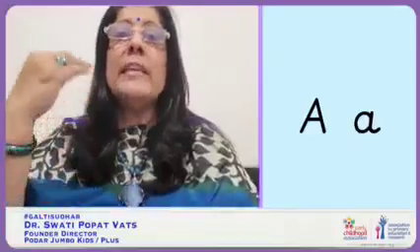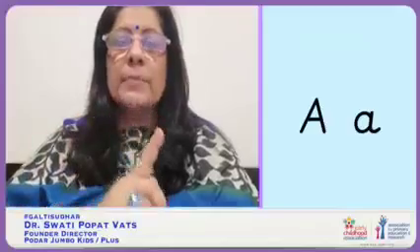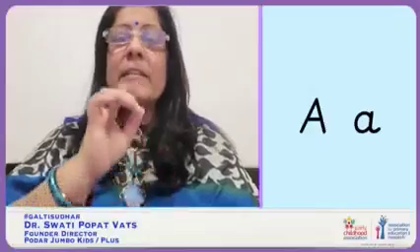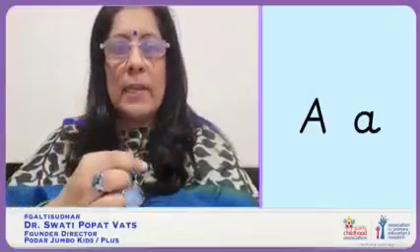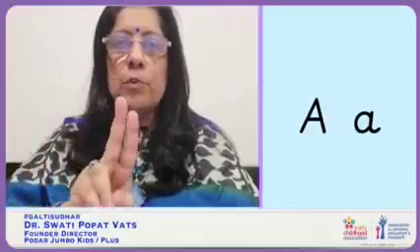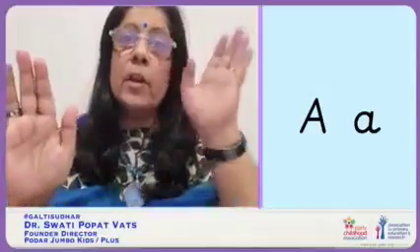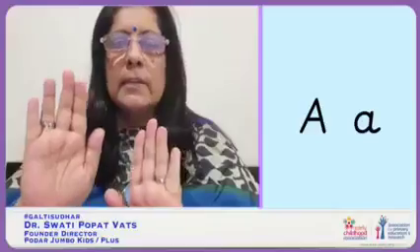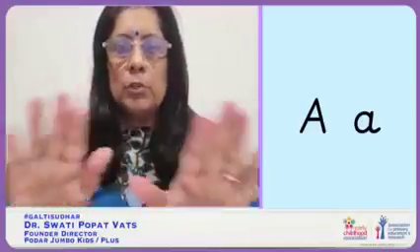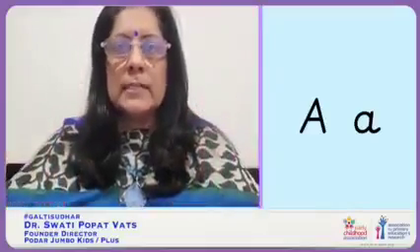When you are introducing a letter to the children in your classrooms, always show them the capital and the small letter together and say, this is letter A, this is capital A, this is small a, and they make the sound A. Very important that you show both together, because otherwise it confuses children if you show only the capital letter and then later on after many years you show them the small letter and they feel, this, the big A, as you love to call. Don't call it big A, say capital, because that's the word they're going to use in later classes also.